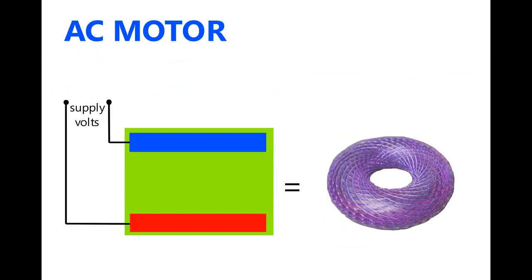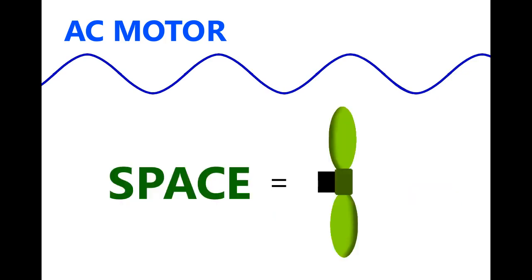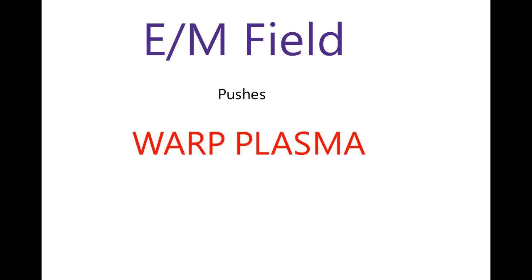So the stator would be your warp coil, and the rotor is the warp plasma. Since the plasma has mass, it affects the space it inhabits. And that's what you're trying to put the power into. The goal is to move space. So the electric field caused by the warp coil pushes the plasma, and the space gets dragged along. So you've got to get that plasma moving.